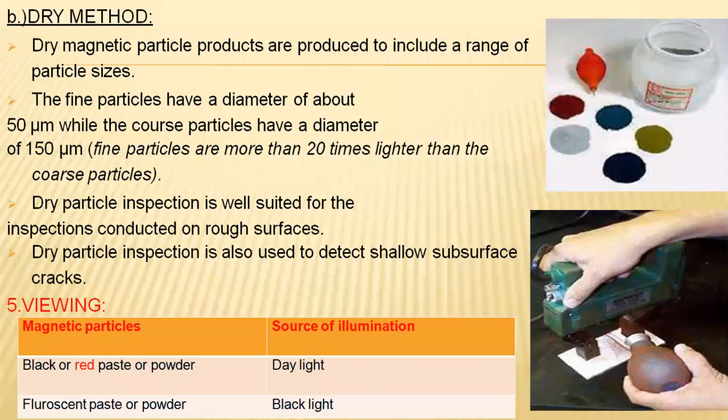And coming to the dry method, this method is utilized for a range of particle sizes, to clearly examine the size of the particles and their diameters, up to 50 micrometers.